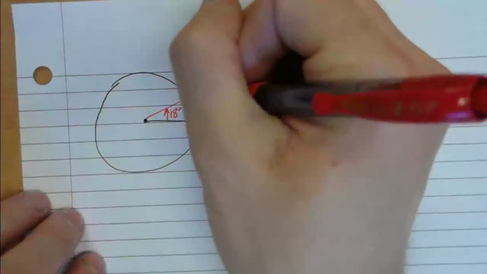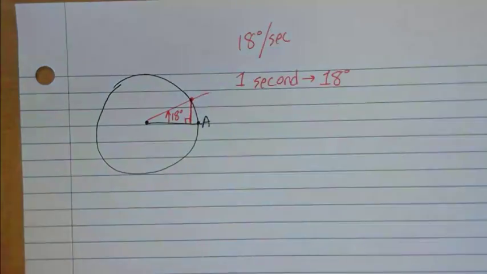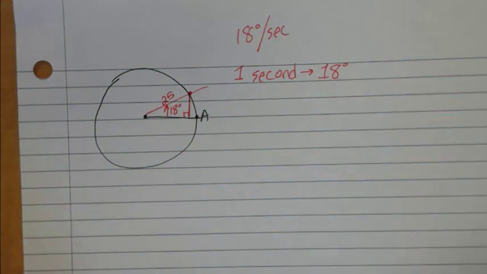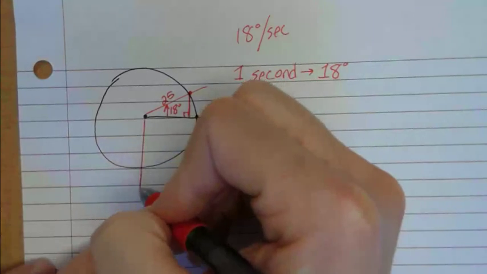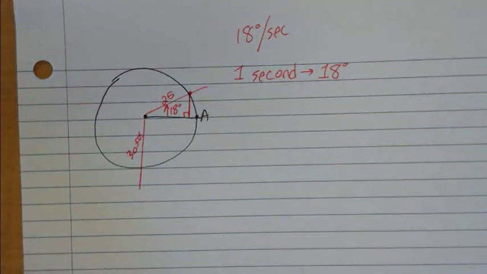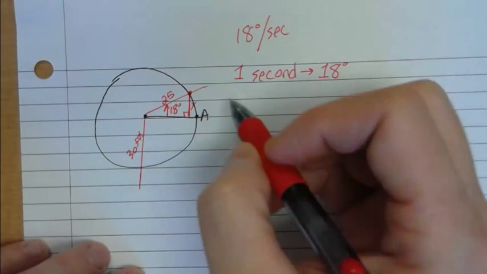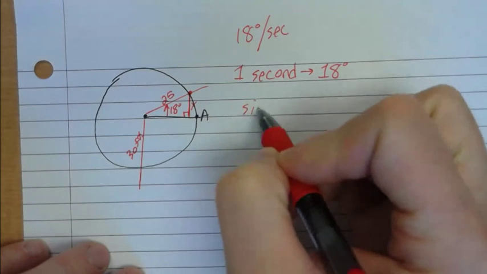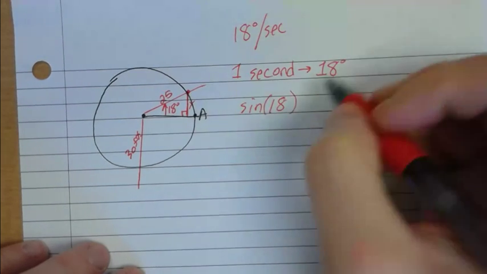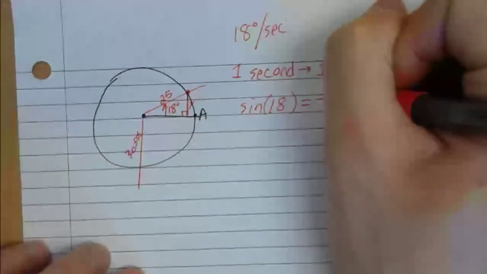Just like before, I can draw my line downwards to create a right angle right there. I know that this hypotenuse, the radius of our Ferris wheel, is always 25, and I know that this distance is 30 feet. Now I can find my x value. Similar to before, sine of 18 is equal to x over 25.